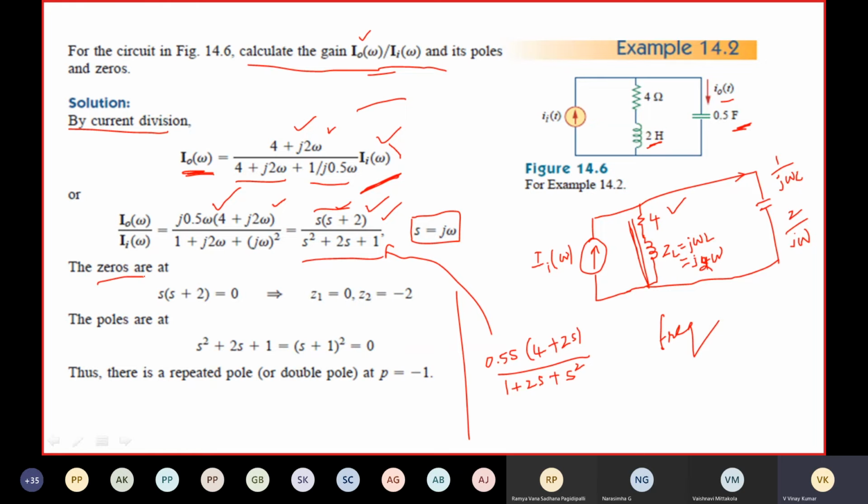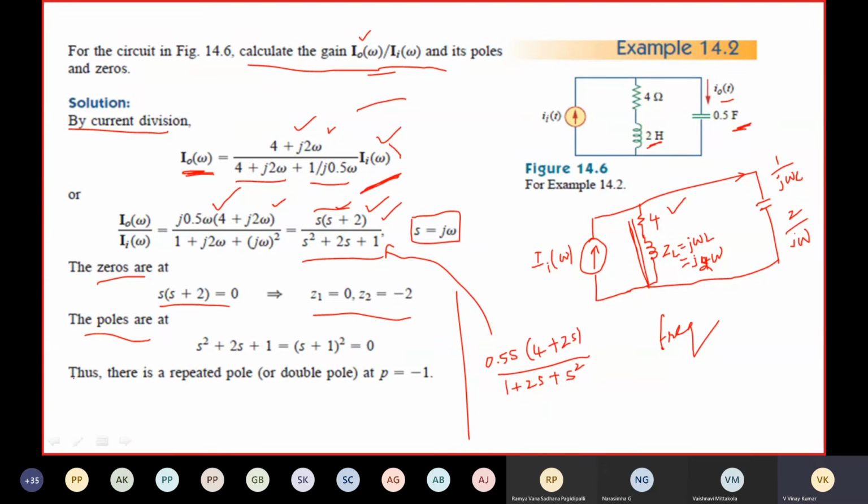So what are the zeros of the transfer function? Making the numerator equal to 0 gives zeros. s into s plus 2 is equal to 0 means you have 2 zeros, s is equal to 0 and s is equal to minus 2. Making the denominator equal to 0 gives poles.